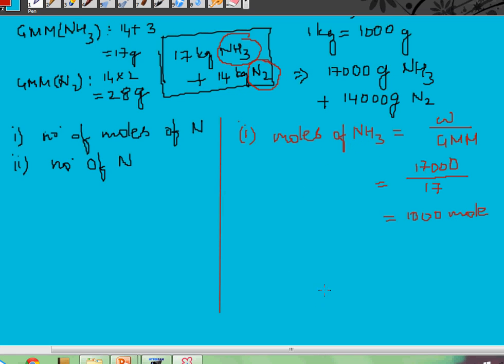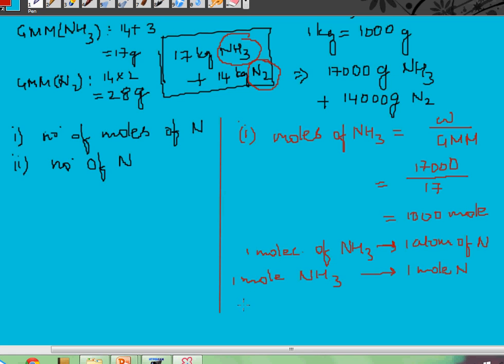Now if you look at the formula for ammonia, it is NH3. So you know that one molecule of ammonia has 1 atom of N, or 1 atom of nitrogen. It means 1 mole of ammonia will have 1 mole of nitrogen atoms.